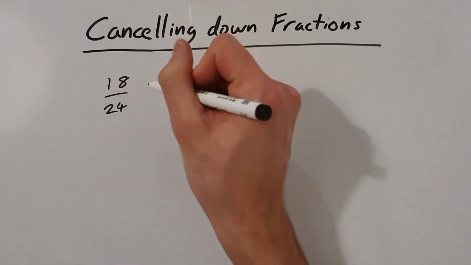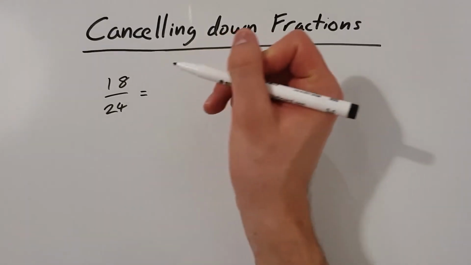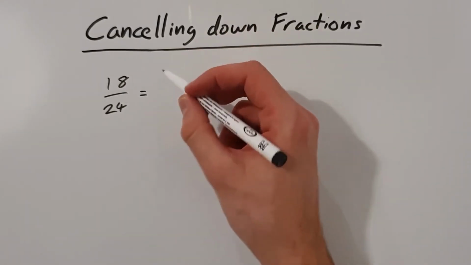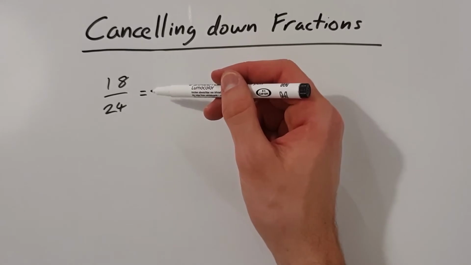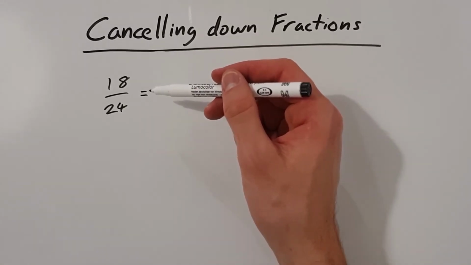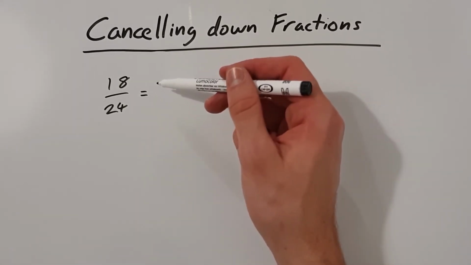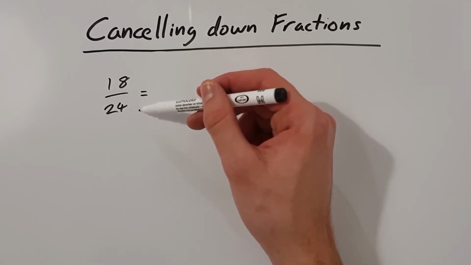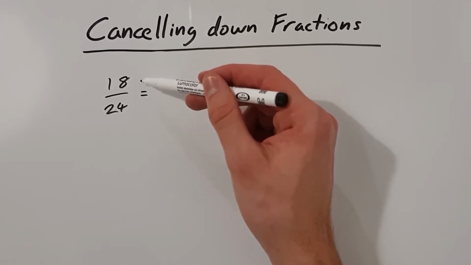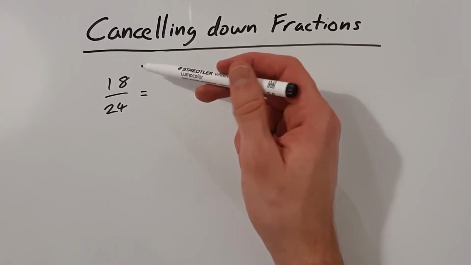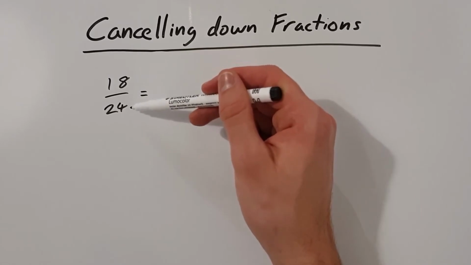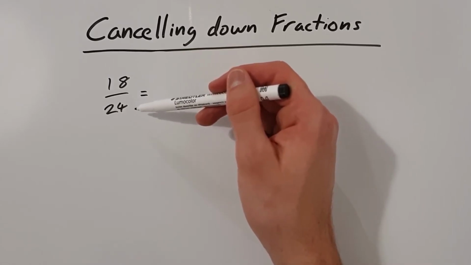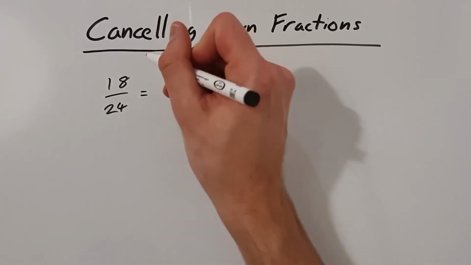So another example that I'm going to show you guys is 18/24. And this is a slightly tricky example because it could have multiple steps. So again, just like the last example, what we want to do is find a common factor between 18 and 24. So looking at this then, again, using simple tricks and always taking the easiest step, we can immediately see that 18 and 24 are both even numbers, which means they both have a common factor of 2.